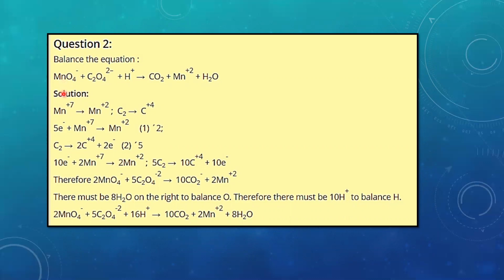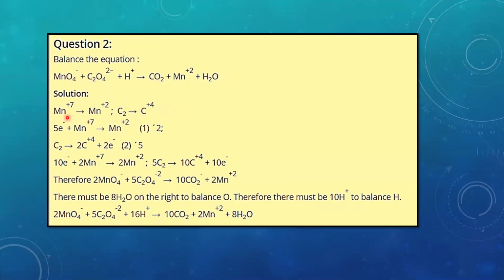So here the oxidation number of Mn is plus 7, and again plus 2. So you can see there is a decrease in oxidation number by 5, hence it is reduction. Whereas you can see the oxidation number of carbon has increased from +3 to +4.